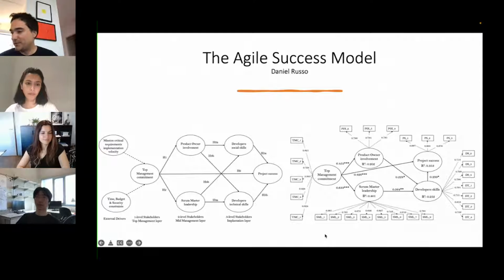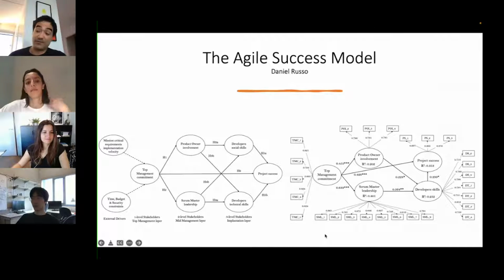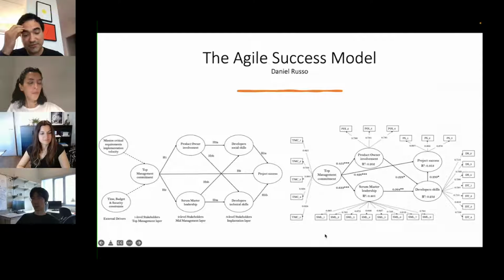Now, this work is the result of basically my PhD work, where I started with in-depth investigation in an Italian mission critical organization, developing a command and control system in an agile fashion.